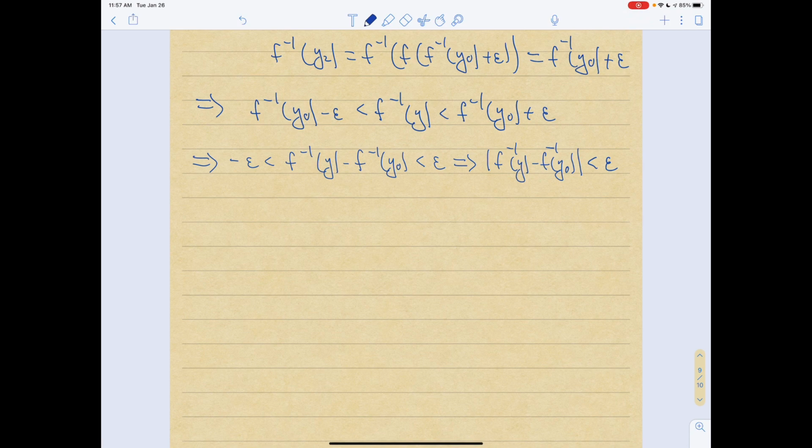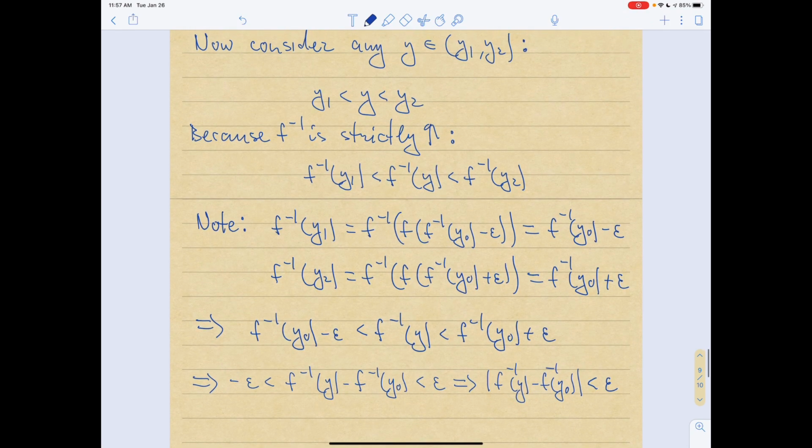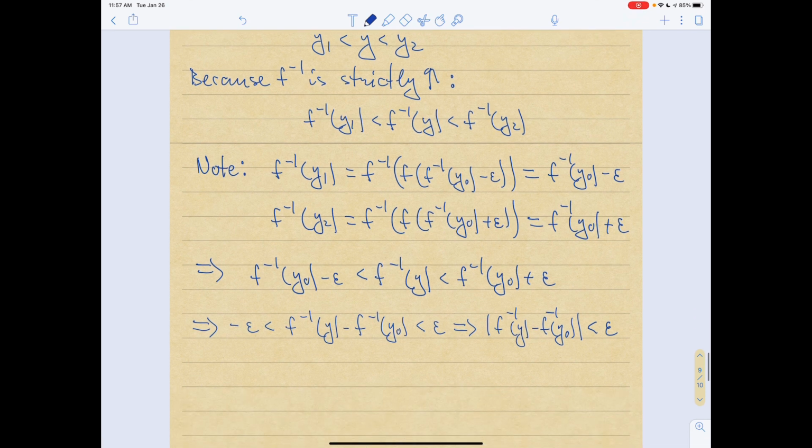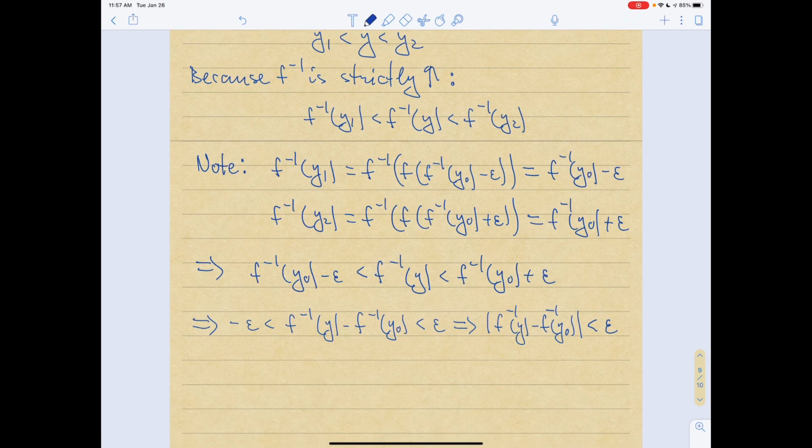So as long as y lies between y1 and y2, then f inverse of y minus f inverse of y0 is less than epsilon. And that is what I want, because I'm trying to prove continuity of the function f inverse. This is what I'm going to get as long as y minus y0 is less than delta.